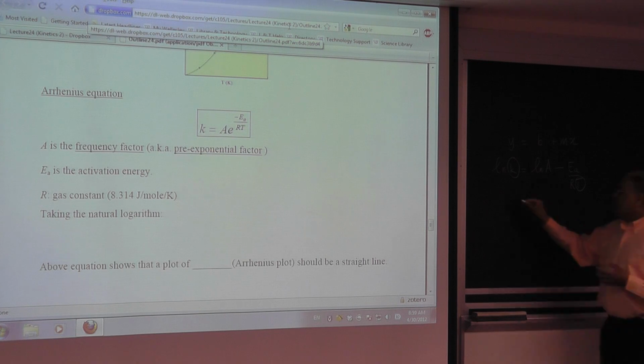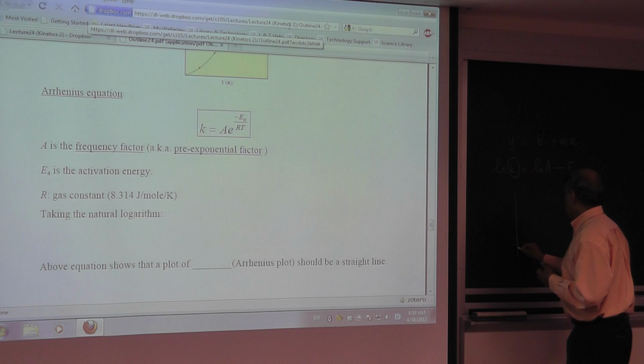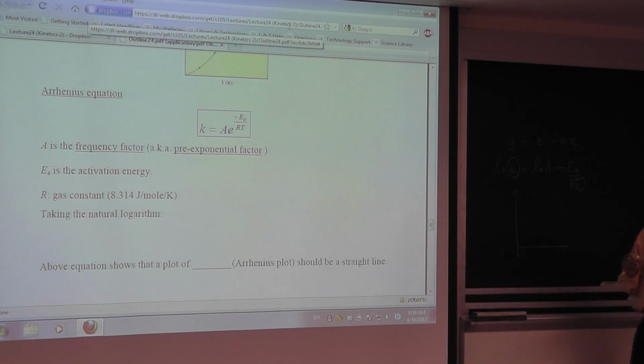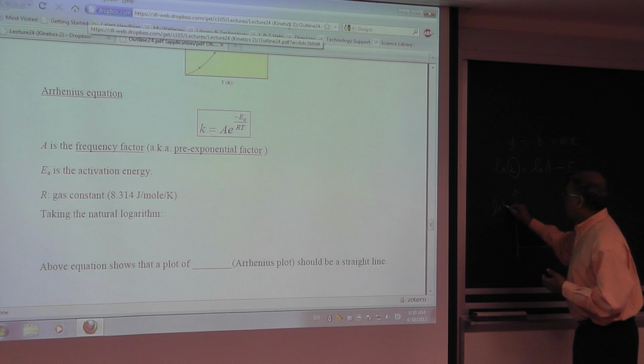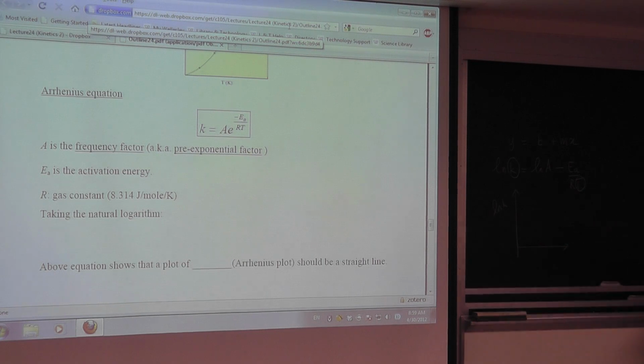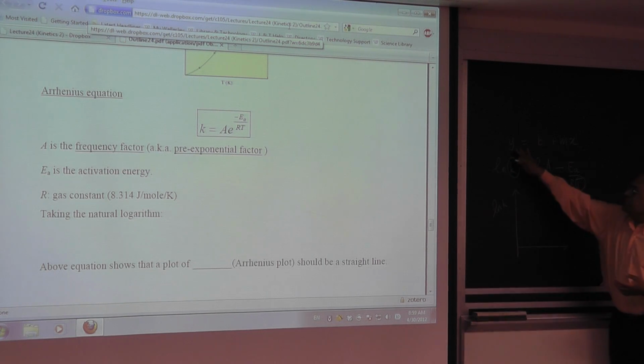So what is y going to be equal to? ln k. Okay, we want to get a straight line, so we want to use this entire quantity as our y.